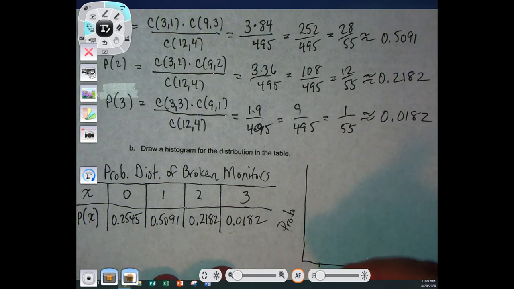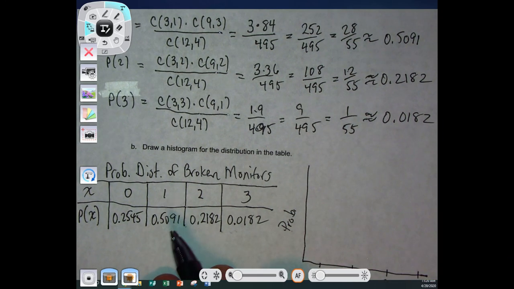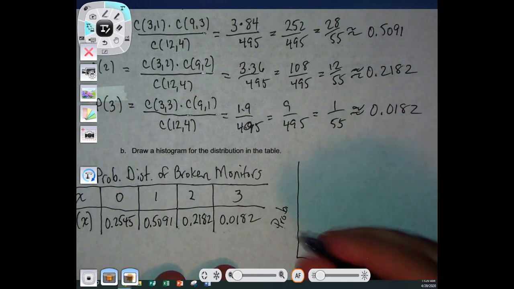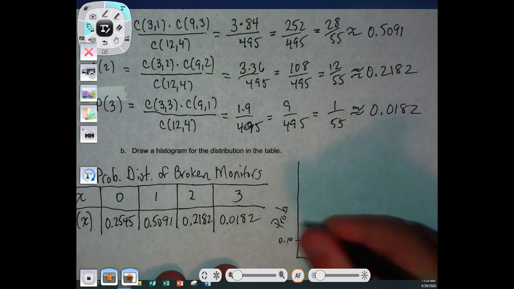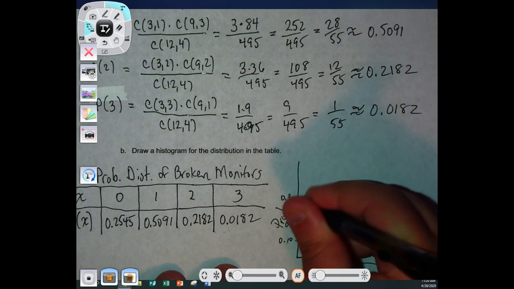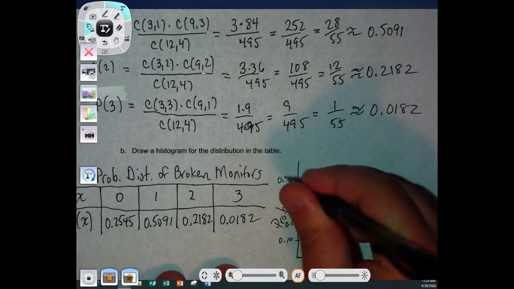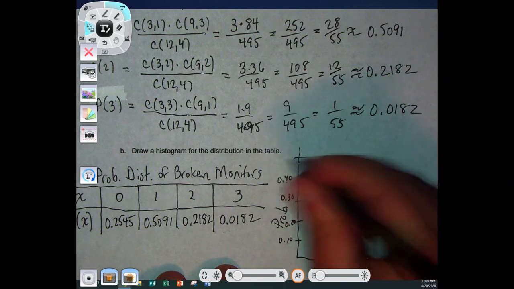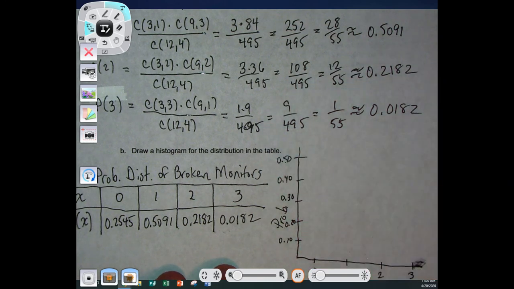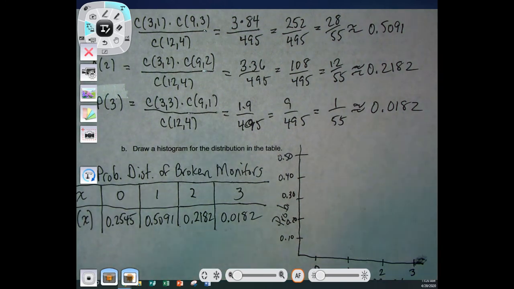So here we have 0, 1, 2, and 3. And since our highest probability is 0.5091, I'm going to go up by tens: 0.10, 0.20, 0.30, 0.40, and 0.50.